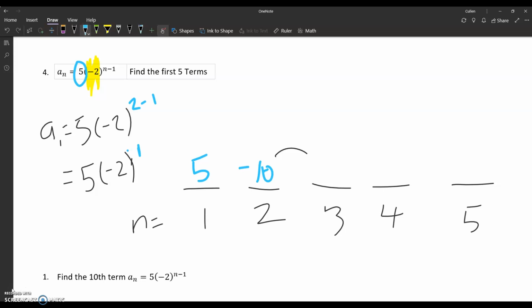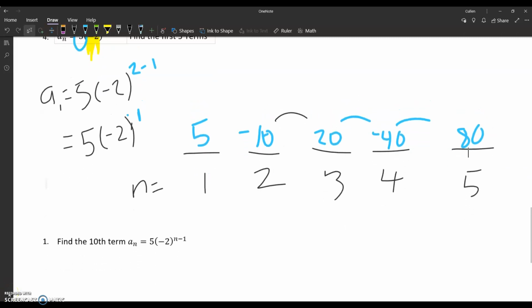The common ratio is -2, so if you do -10 times -2, you'll get +20. And then to get to the next term, you would multiply again by -2, which would give you -40. And then the last one, you'd multiply again by -2, which would give you +80.